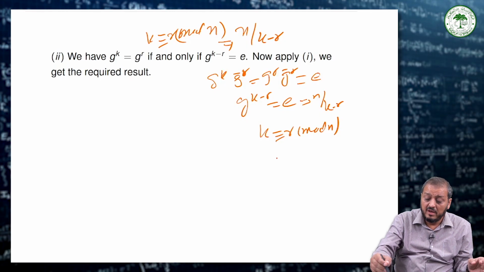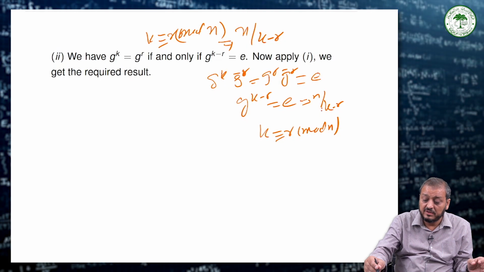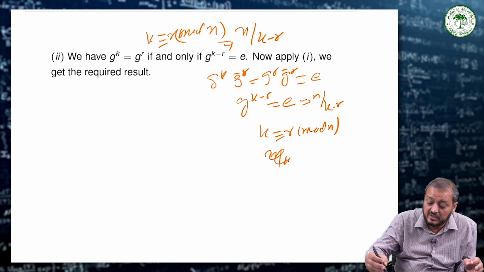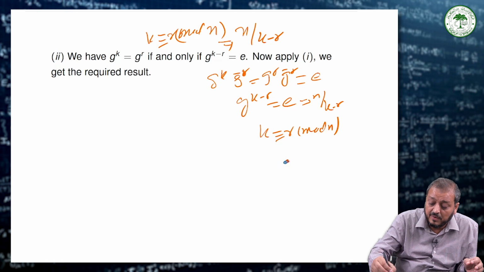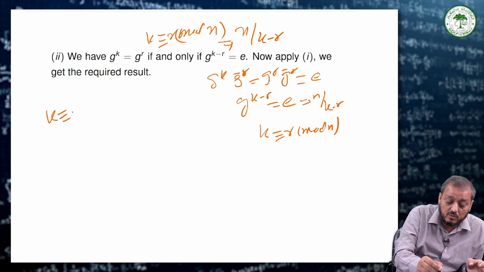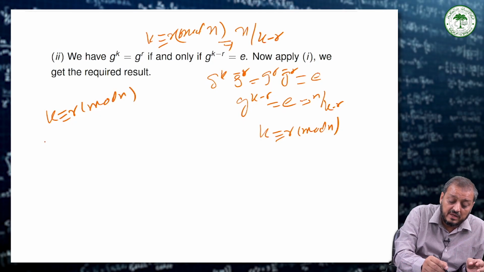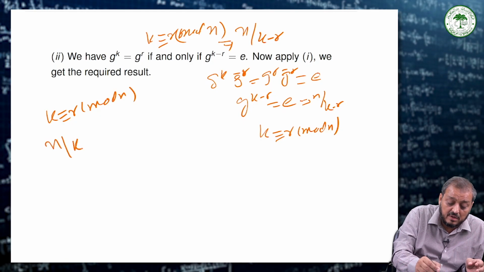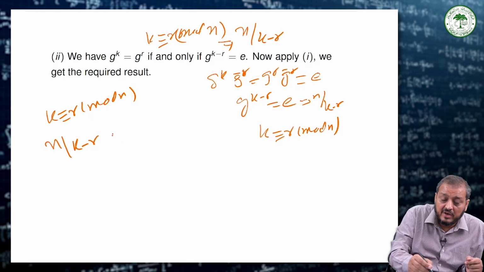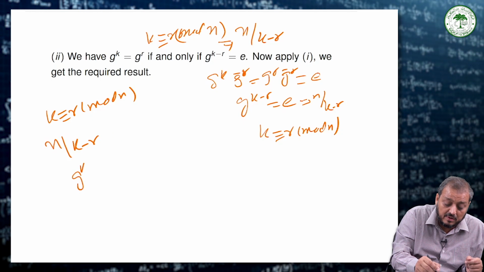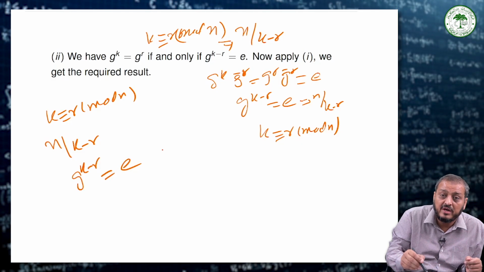For the converse part, if k is congruent to r mod n, then n divides k minus r. If n divides k minus r, then part 1 says that g to the power k minus r is equal to identity.